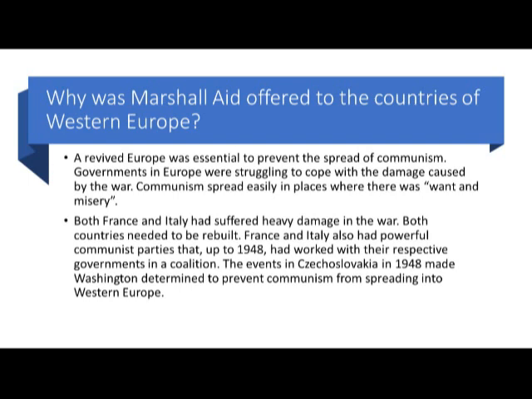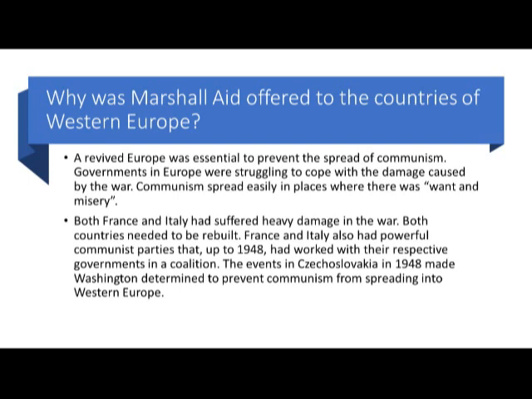So Europe had to be reconstructed, and a huge amount of money had to be invested in Europe for democracy and freedom to take root, particularly in countries like France and Italy, where the communist parties were very, very well supported and had every chance of winning the general elections. So reconstruction through the loaning of American goods and money and resources was a fundamental part of the Truman Doctrine.